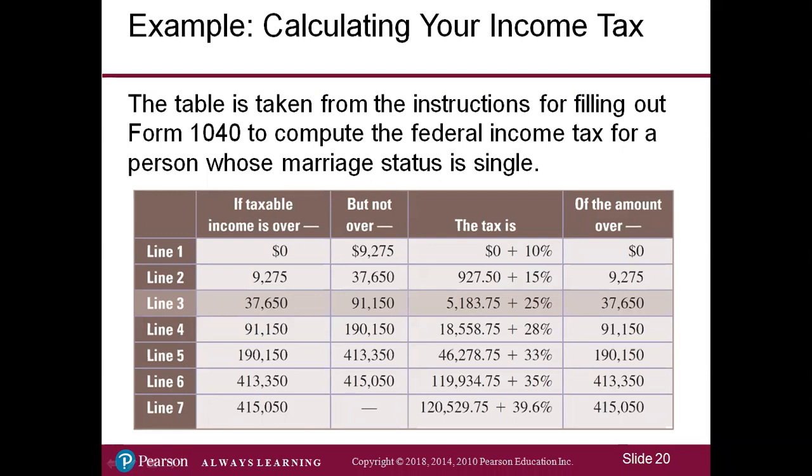Calculating your income tax. The table is taken from the instructions for filling out Form 1040 to compute the federal income tax for a person whose marital status is single.